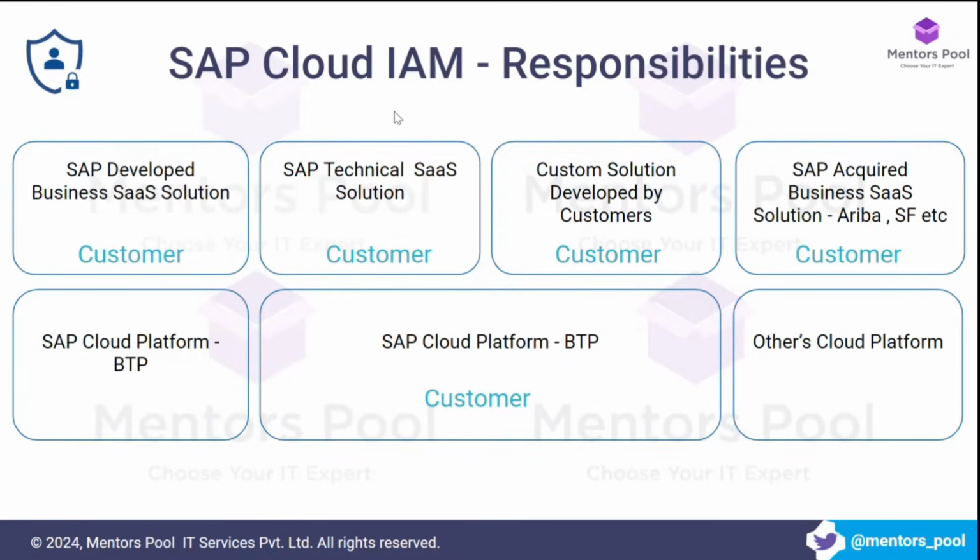First of all, we cannot do cyber security. Cyber security for the infrastructure will be taken care of by SAP. We are only entitled to do identity access management and identity and access governance for all these solutions, and identity access management for this platform.